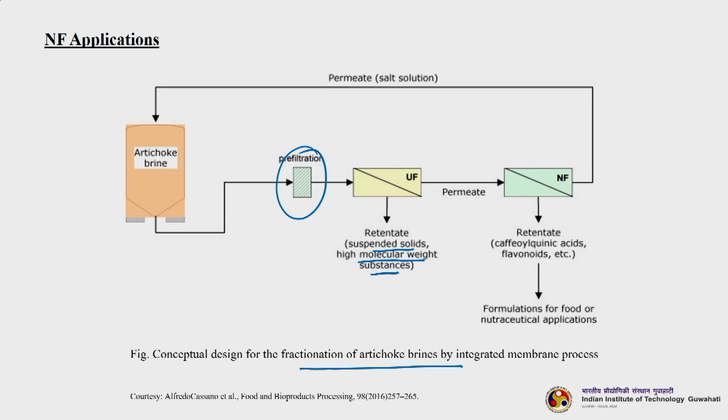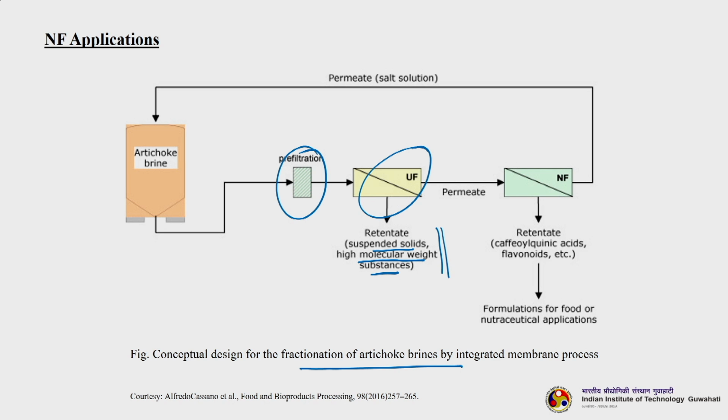Now, try to understand why we are using a UF here. If you do not use the UF and directly feed the artichoke brine after this pre-filtration to the NF, then everything the UF rejects would be rejected here, and the membrane performance would decrease drastically.